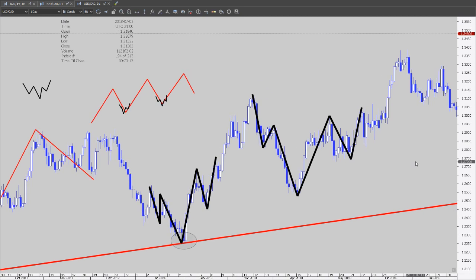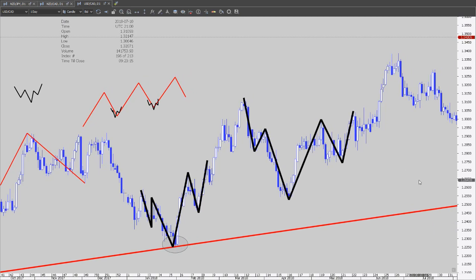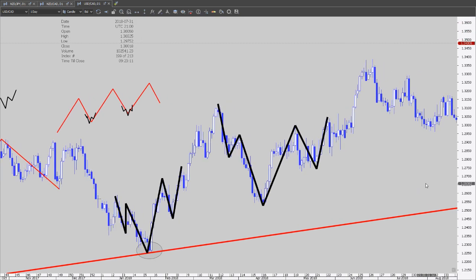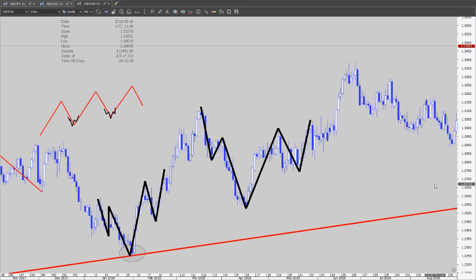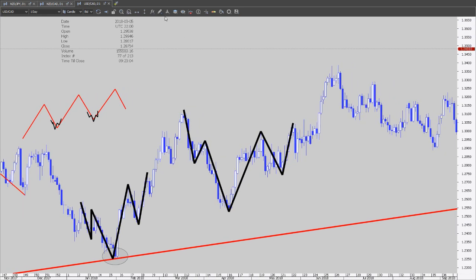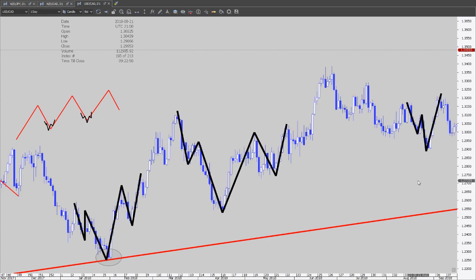The market is moving down, slowly moving up, waving down, bam. See? High, low, high, low, higher high. We need a right tip. Let's see what happened.